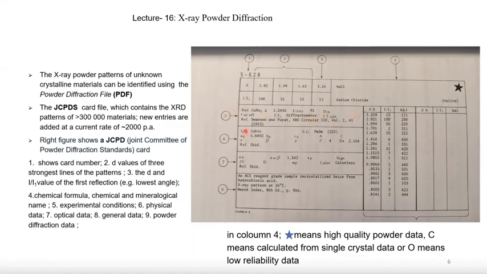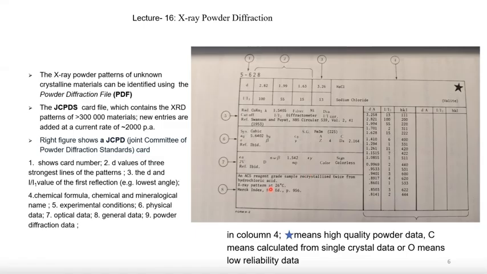And then this is the physical data. That means is it a cubic system or what type of crystallographic system, and then its space group, its cell parameters, etc., and the crystallographic density. These are given here. And then the 7th is optical data, which is not very important for those who are doing X-ray crystallography.